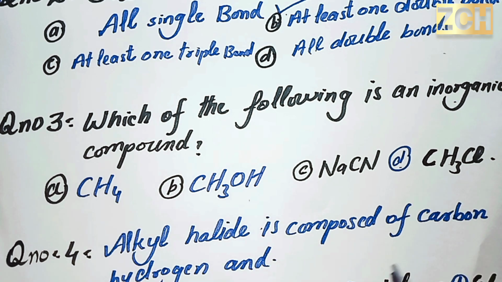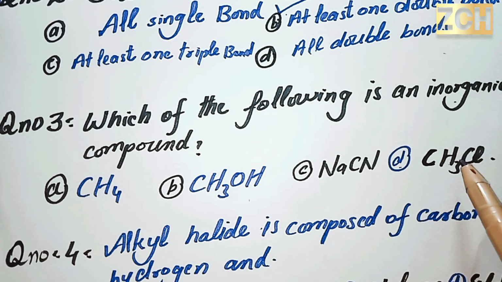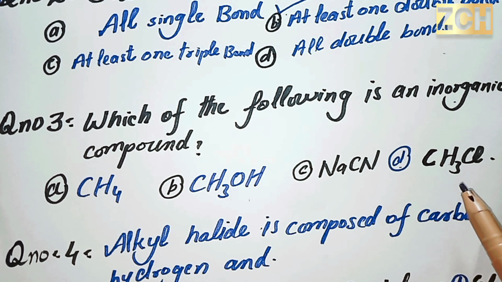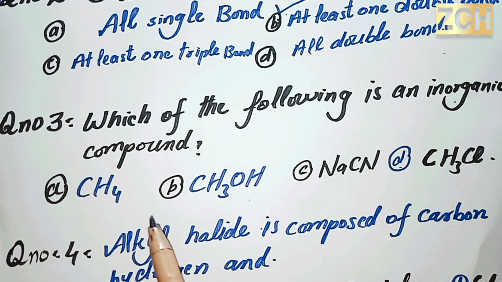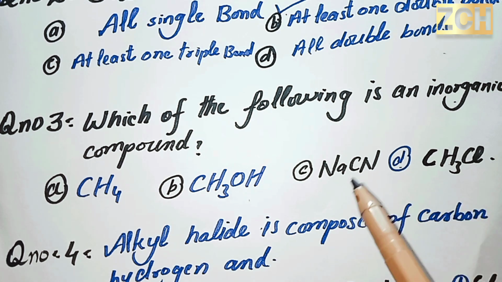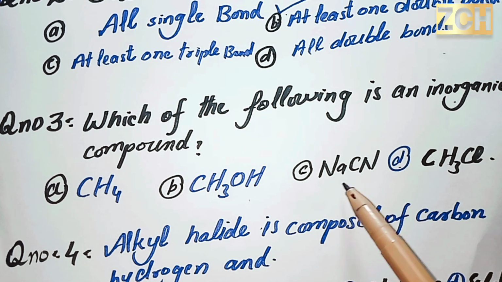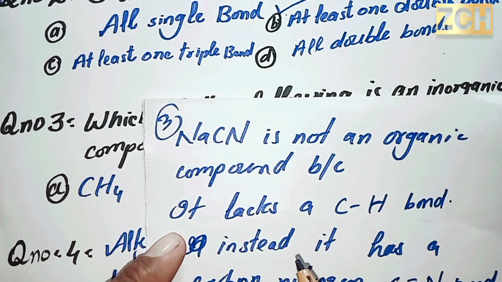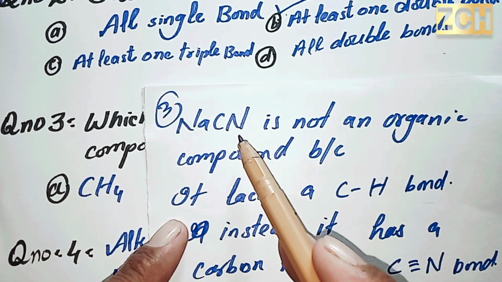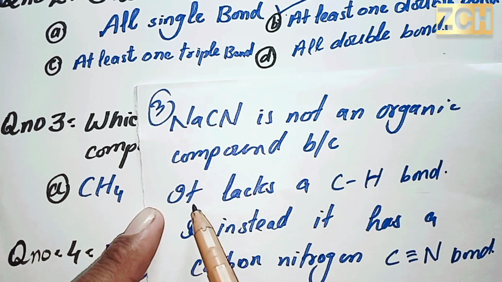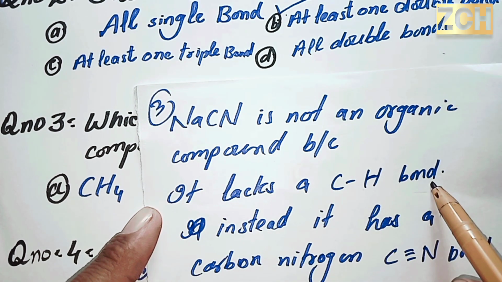As we know, hydrocarbons are organic compounds composed of carbon and hydrogen. Among these 4 options, A, B and D have carbon and hydrogen atoms, and option C contains carbon but no hydrogen atom, so we can say that sodium cyanide is not an organic compound because it lacks a carbon-hydrogen bond.